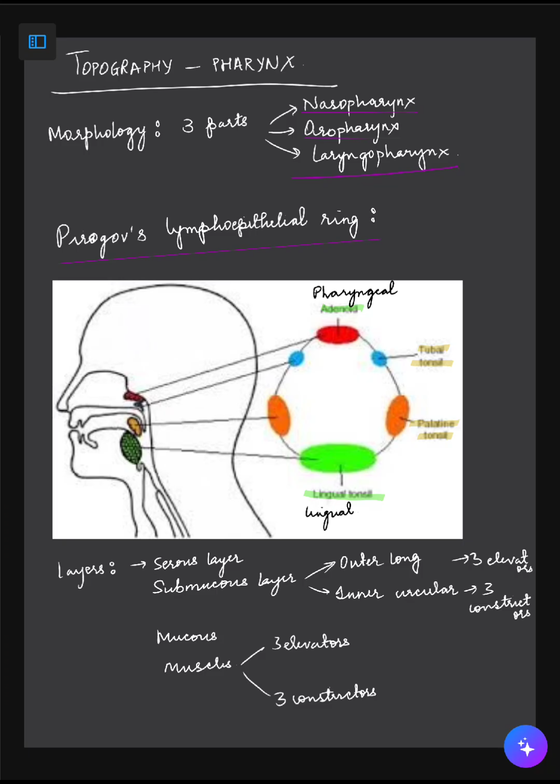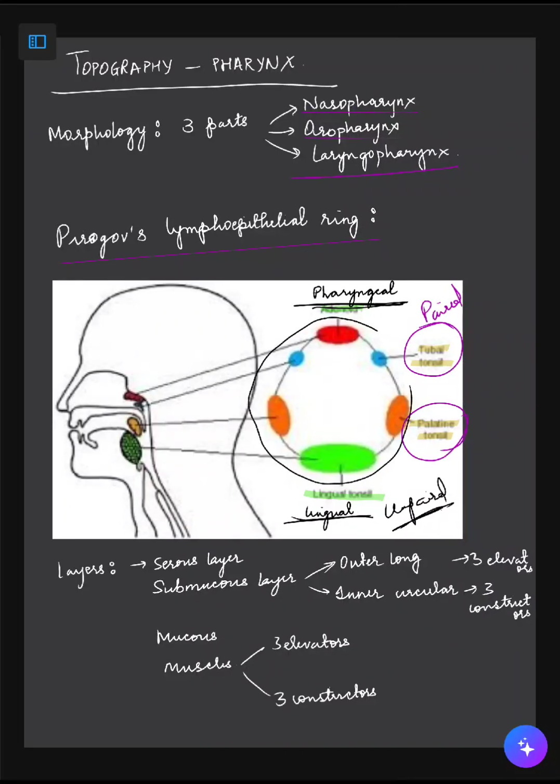There are 2 types: paired and unpaired. Paired are palatine tonsils and tubal tonsils. Pharyngeal tonsil and lingual tonsil are unpaired. These are the 6 tonsils which are called Pirogov's lymphoepithelial ring.